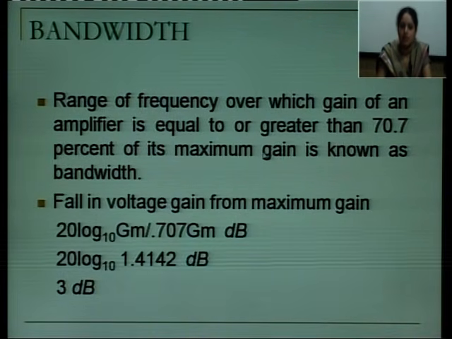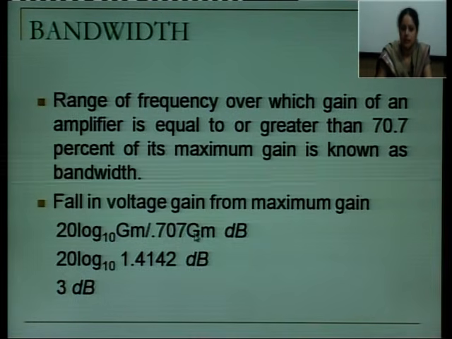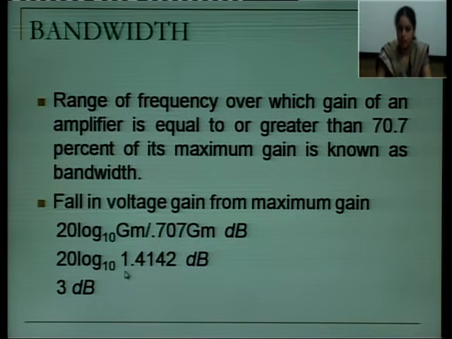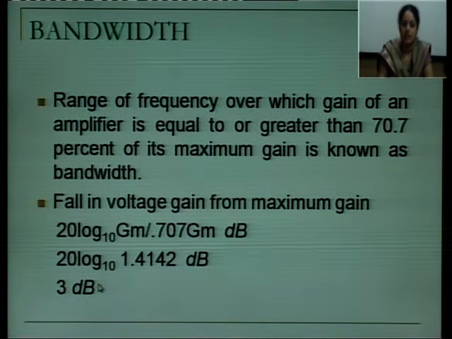So, if you consider the fall in voltage gain from maximum gain, that is 20 log 10 of Gm, that is your maximum gain, upon the fallen voltage, that is 0.707 Gm, that is 70.7%. After taking the logarithmic term and doing the calculations, you are having the end result at 3 dB.